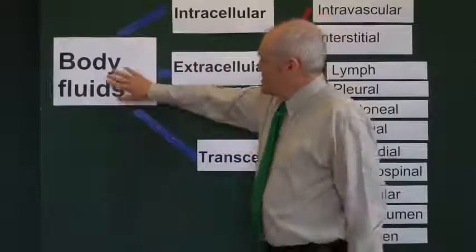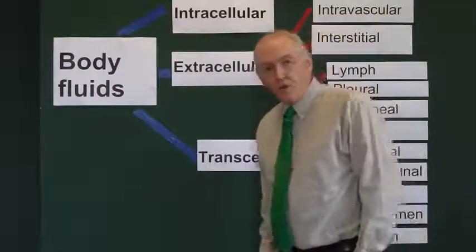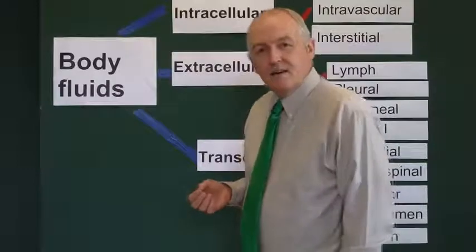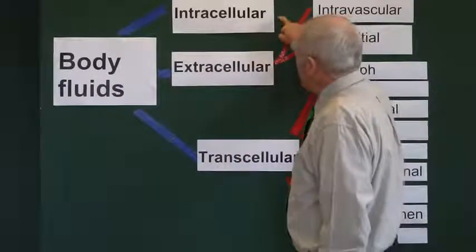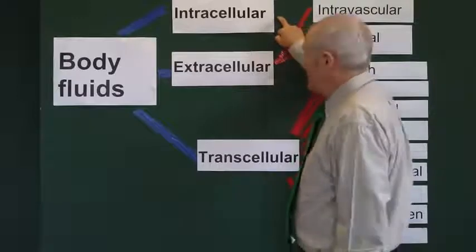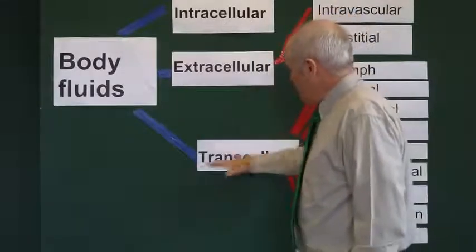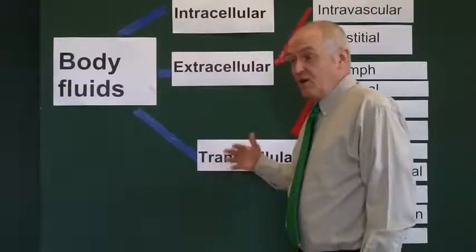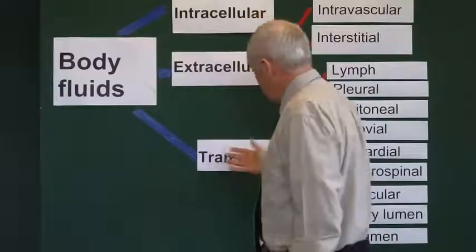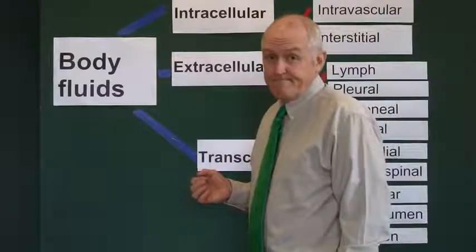So body water, we can divide it into 2 or 3 main compartments. One is intracellular, the next is extracellular, and really you could call transcellular a subdivision of the extracellular, but we normally count it as a third compartment, and that is the transcellular compartment.